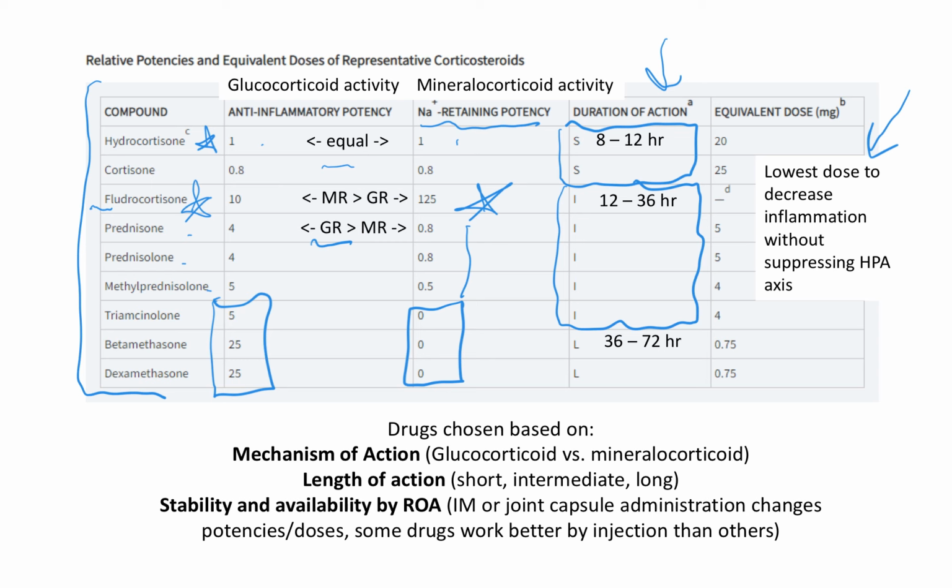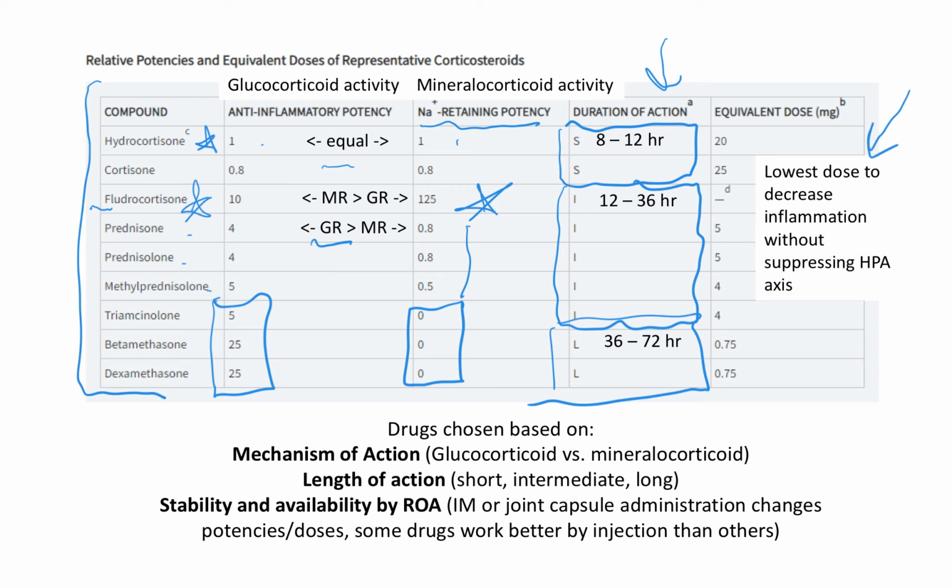The last two, betamethasone and dexamethasone, are long-acting, so 36 to 72 hours. Those work pretty well for chronic therapy. They last for a long time, and if you only want anti-inflammatory activity and you're not supplementing native hormone, then those drugs are good choices.